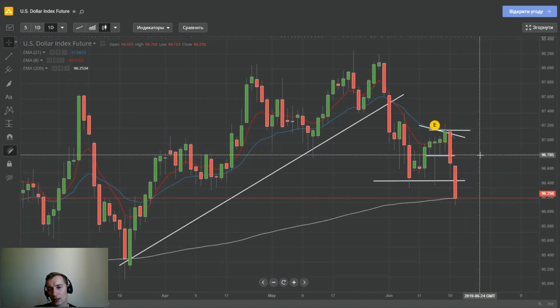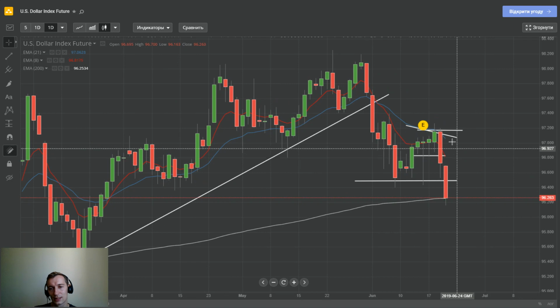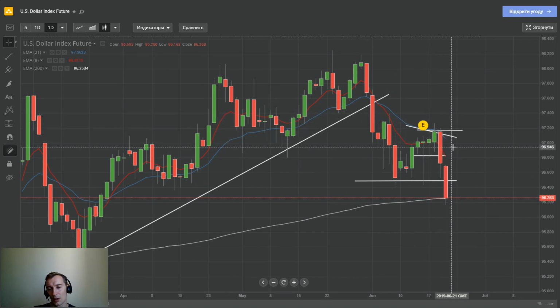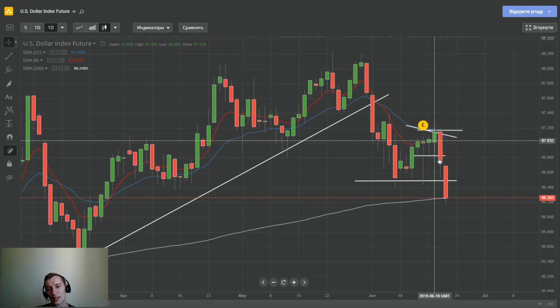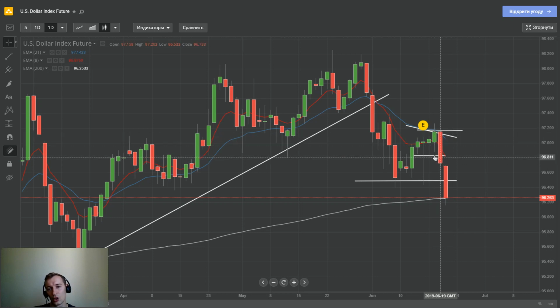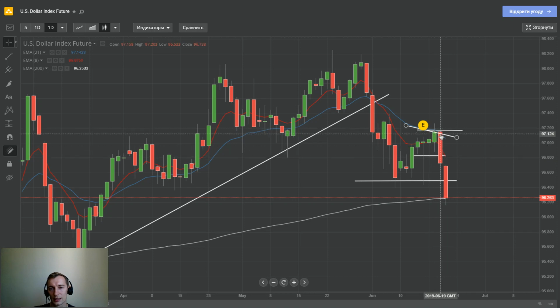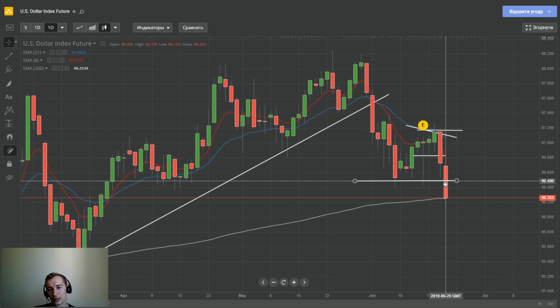That was the scenario I was expecting. You can check my previous video where we discussed this scenario, when we broke down this upper support level around 96.80, bounced off this moving averages zone, the 8 and 21 moving average, and broke down with a powerful candle closed near the bottom.